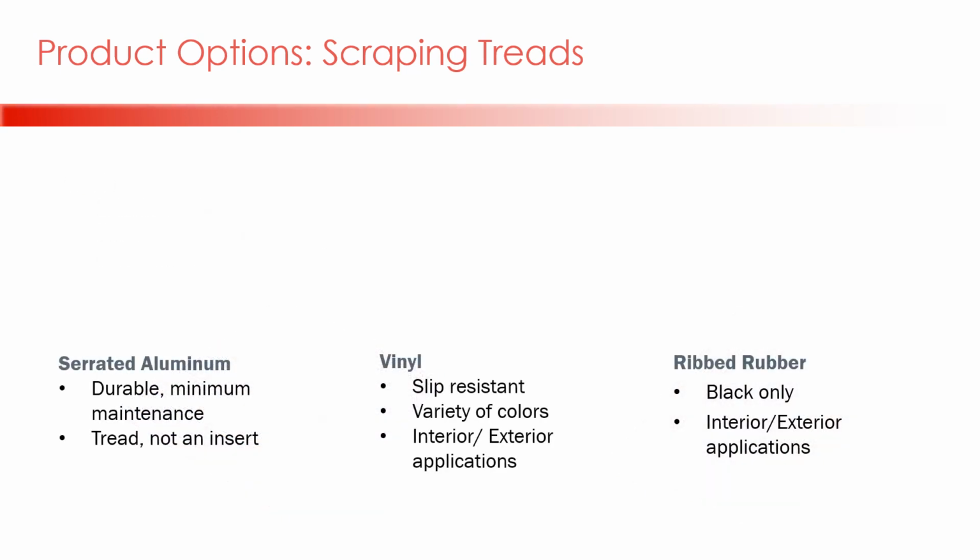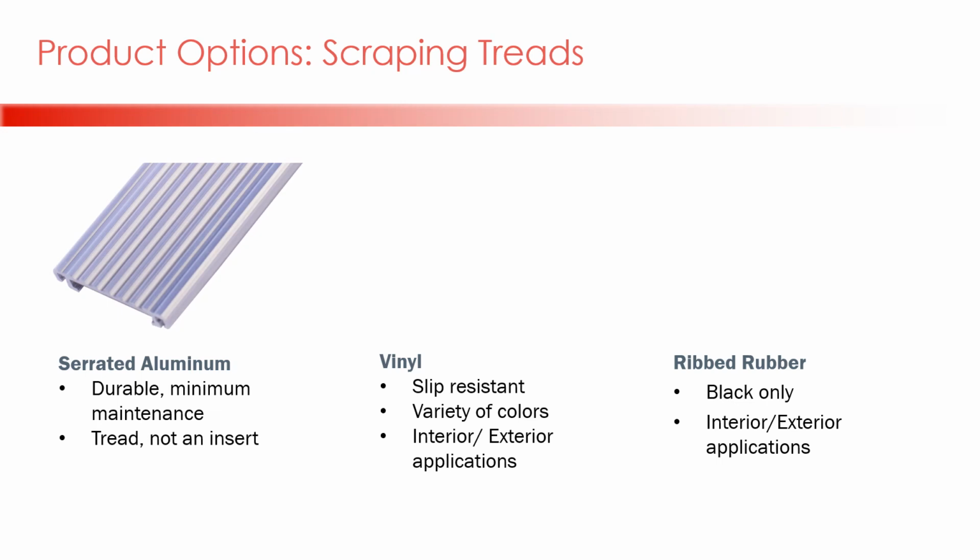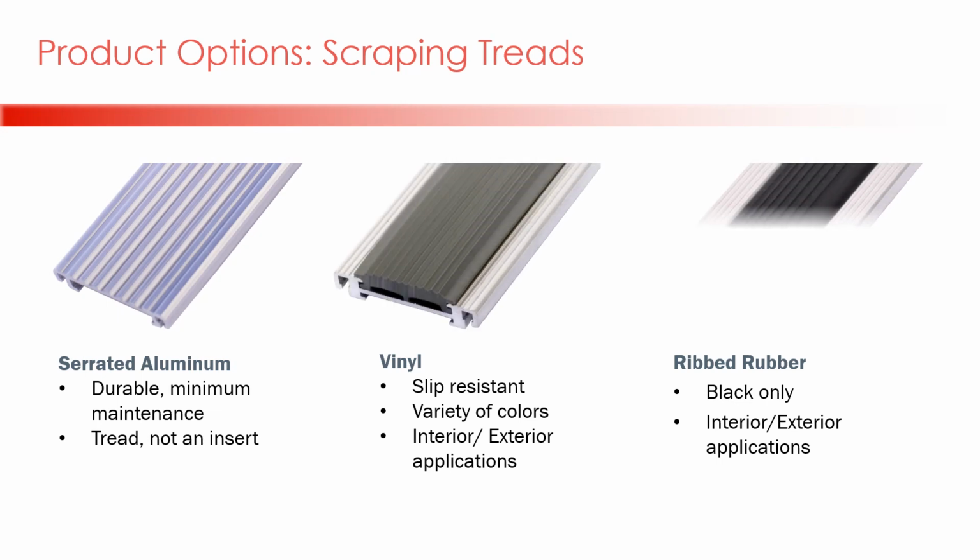The final three options for scraping are serrated aluminum, vinyl, and ribbed rubber. Most grille systems offer a plain or corrugated aluminum tread rail or insert. They are all very durable and require minimal maintenance.